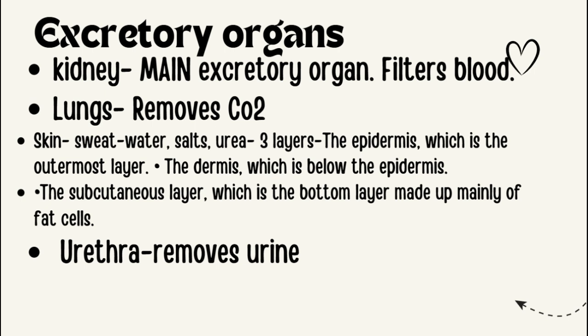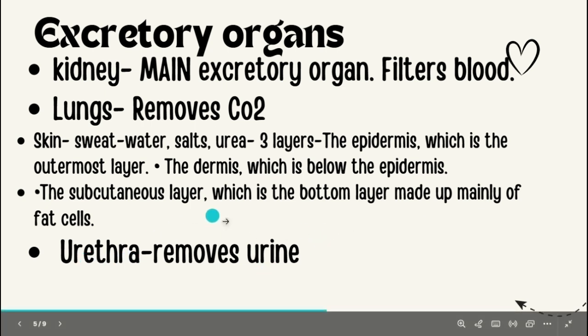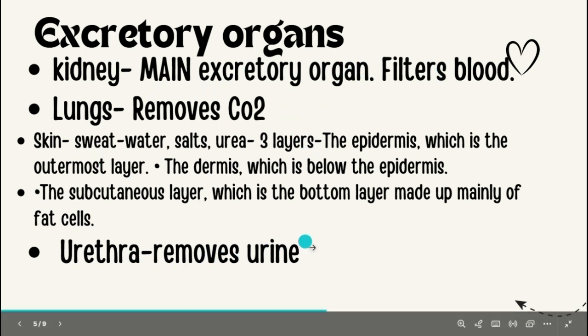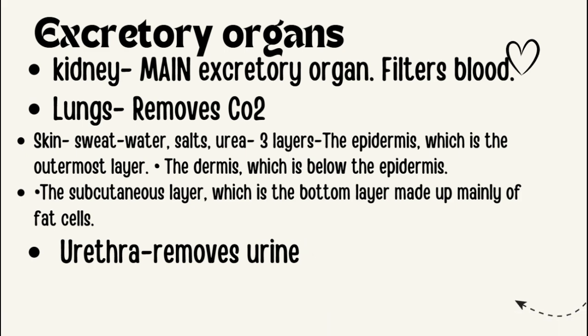And just to know, the urethra removes urine. The kidney filters out the blood and makes the urine, and then the urethra is where the urine passes out of the body.